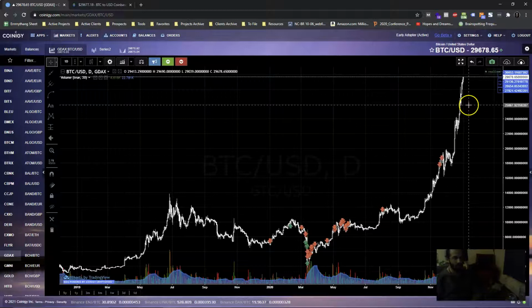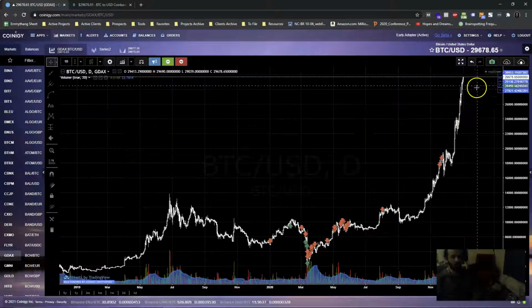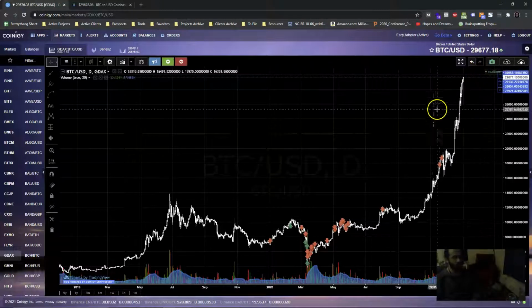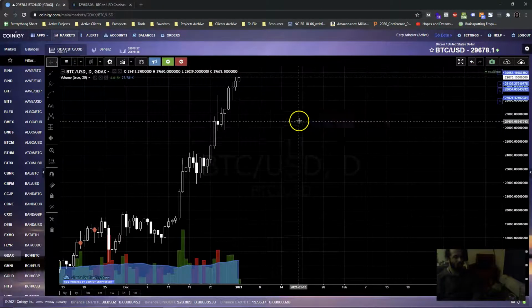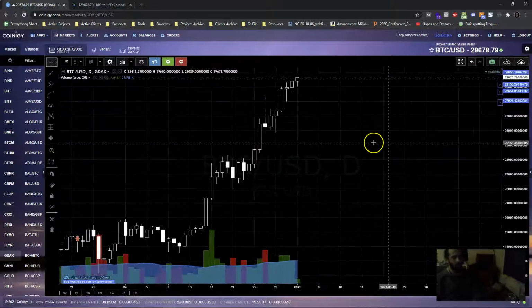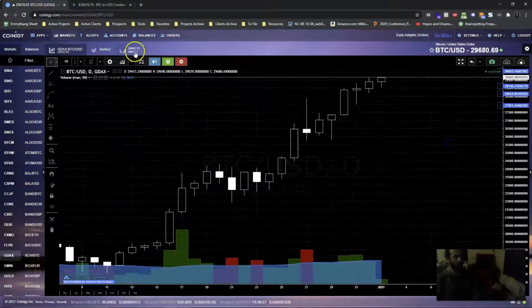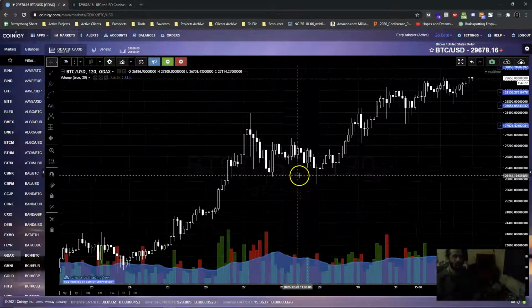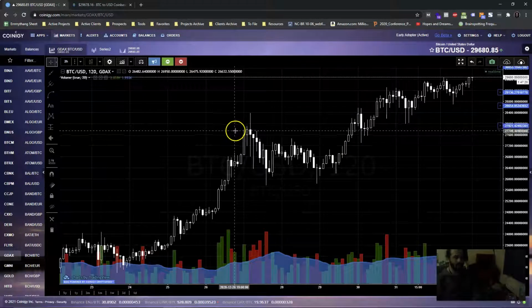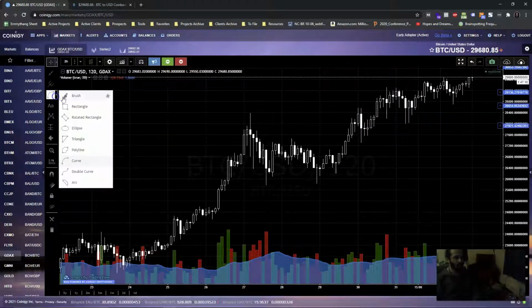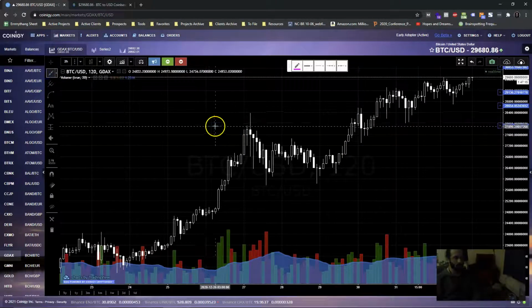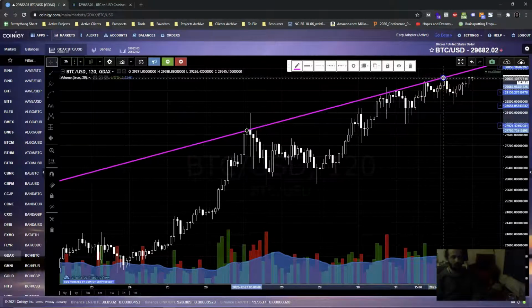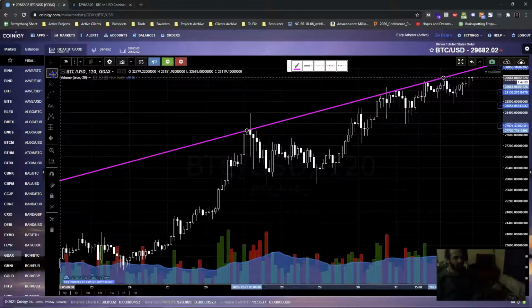And so it could come down to 26 or maybe even 24 before it goes all the way up on some crazy 35 or 50 week or two jump. But right now, momentum looks like it's somewhat petering out, but we have this really interesting rising wedge that I drew earlier that typically breaks down.